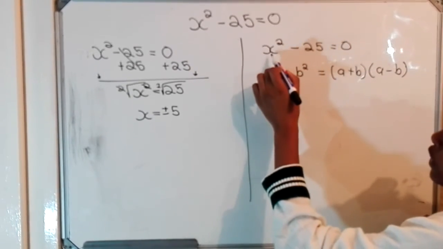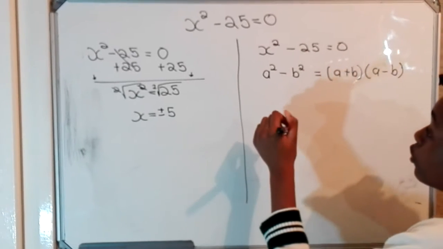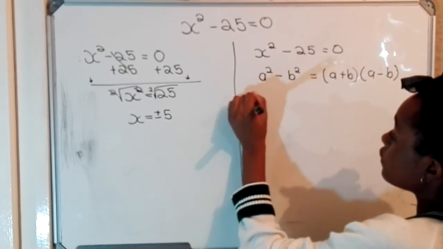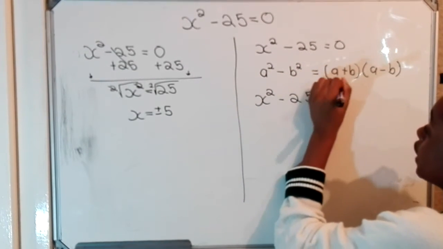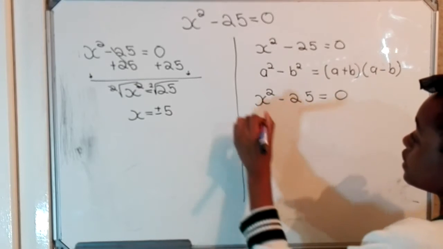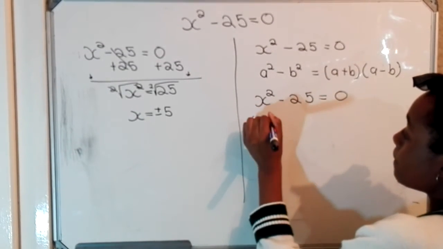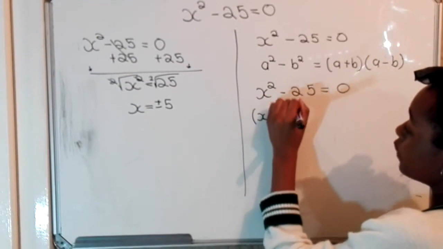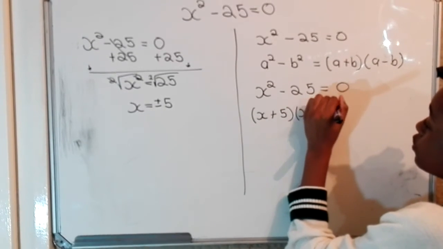So I have x squared minus 25. These are perfect squares. So it's saying the same thing as I have x squared minus 25 is equal to 0. I'm just going to write that again. It's the same as saying square root of x squared is x plus the square root of 25 is 5 and brackets x minus 5 is equal to 0.